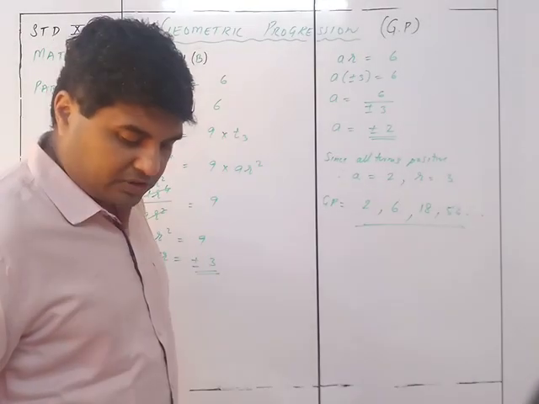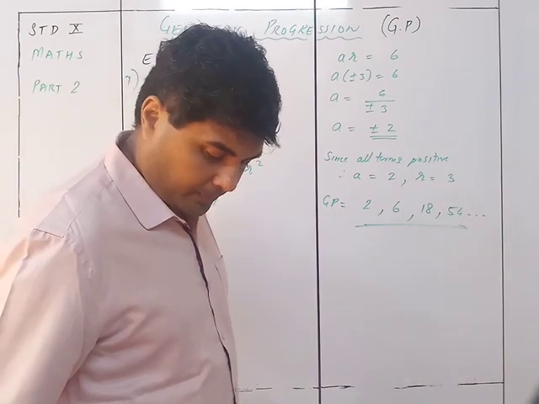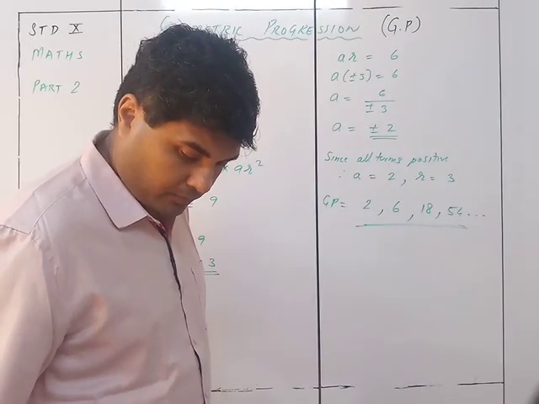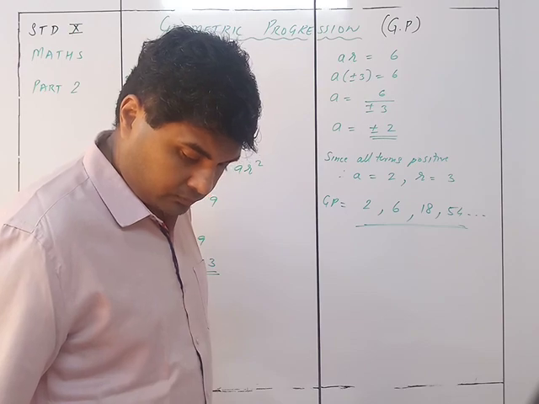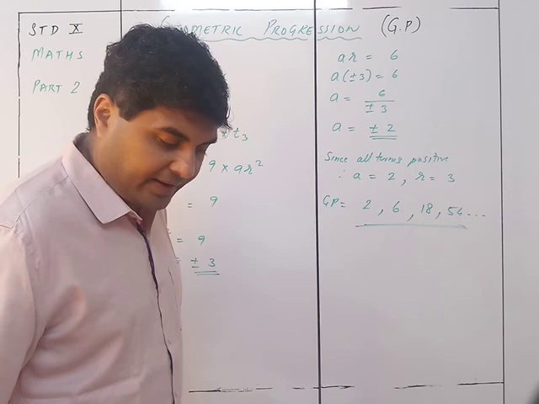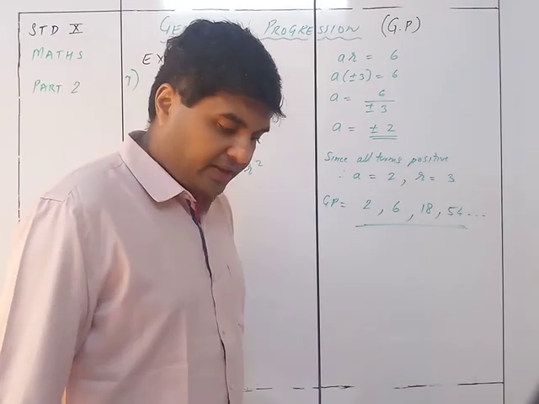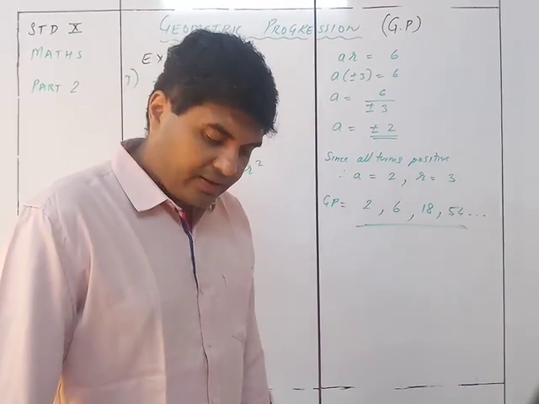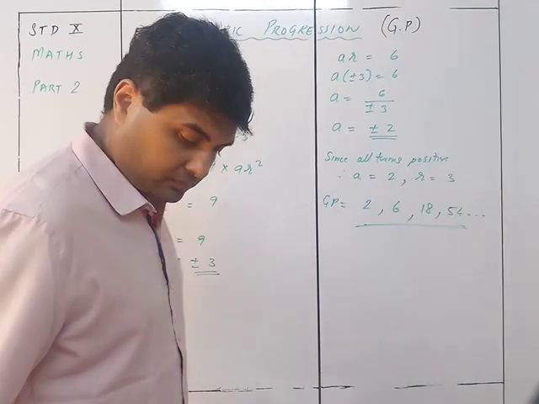We now move on to sum number 9. Okay, we'll do one thing. We'll take the 8th sum also. So we'll take the 8th sum, 9th sum and the 10th sum, all three of the sums.